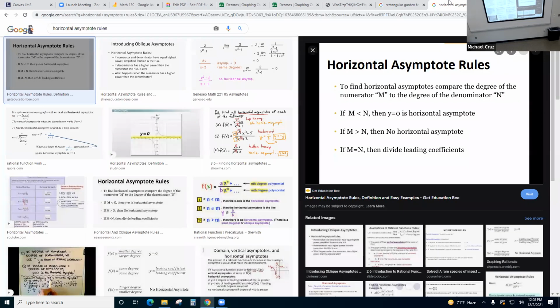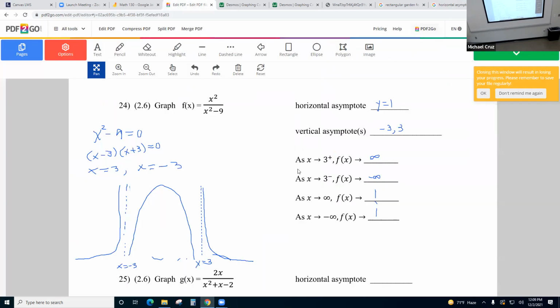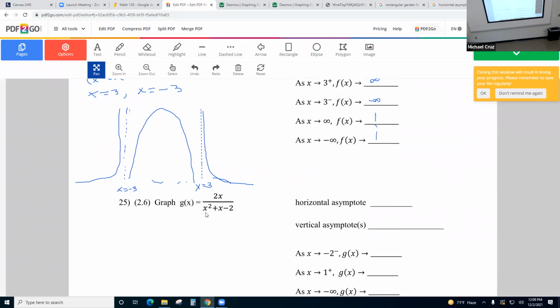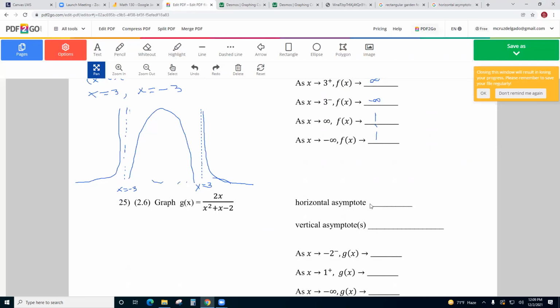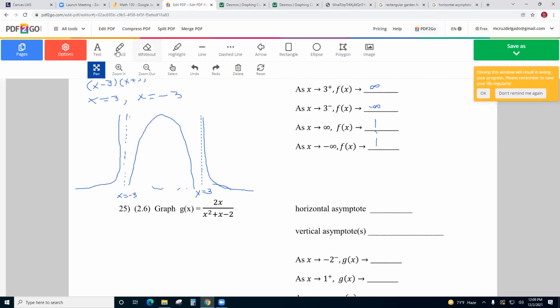Well, let's do one more thing. Okay, so it said if m is greater than n on that second one, and it's not. So this right here, it's a zero asymptote. These are going to be hard to do without a graph.